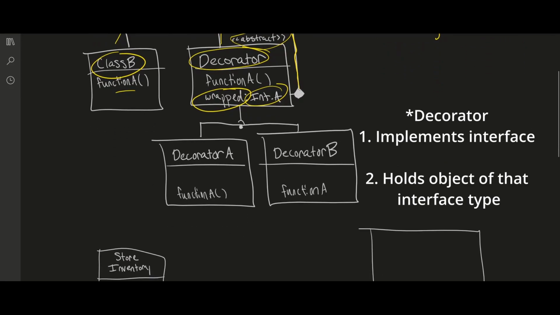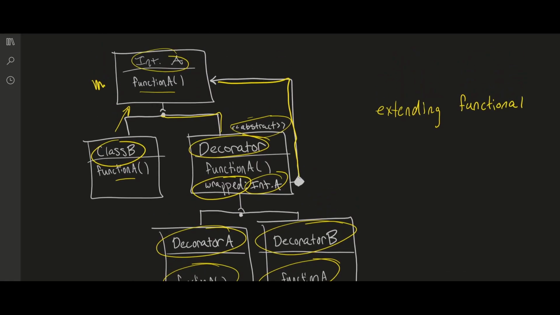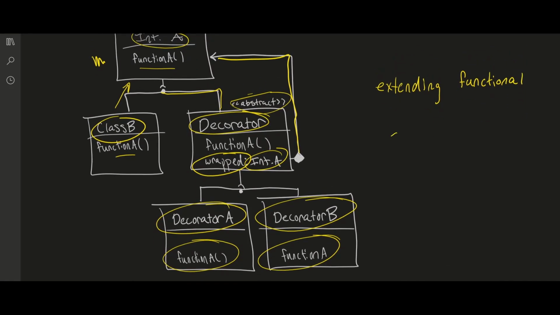So what's going to happen is in our concrete decorators, decorator A and B, it's going to implement that functionality in the interface. In that function, you're going to use the wrapped variable, and since it's of type interface A, you're going to call the same function, function A. After you've done that, you're going to do some other work, so you're going to write some other code there.